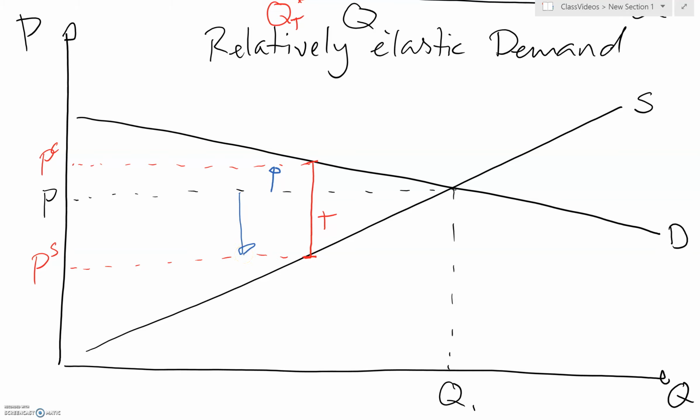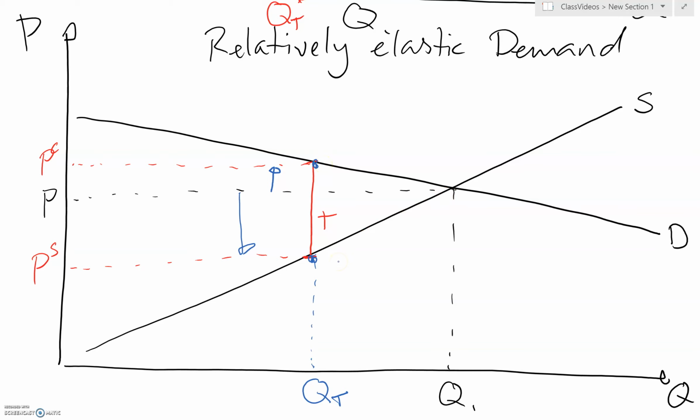And to think about this, the quantity after the tax is implemented, here's the quantity with the tax, has to be such that quantity demanded is equal to quantity supplied, and if the demand curve is relatively flat, then the price consumers pay can't adjust by that much relative to supply.